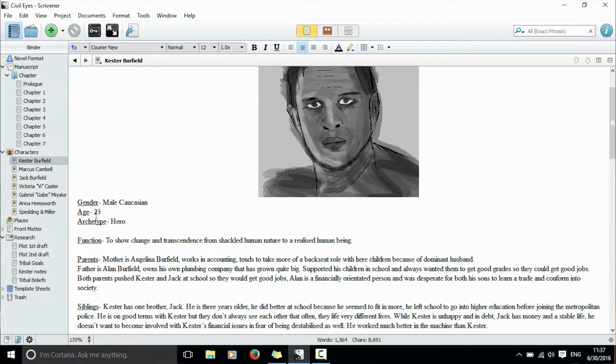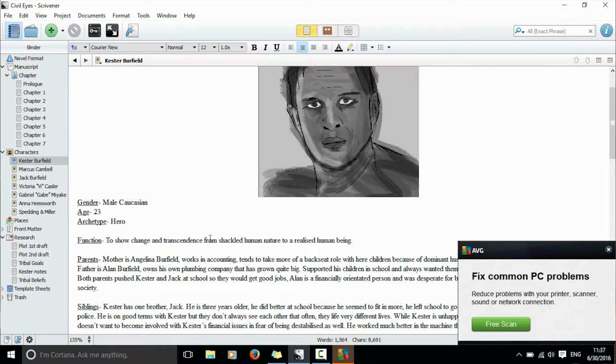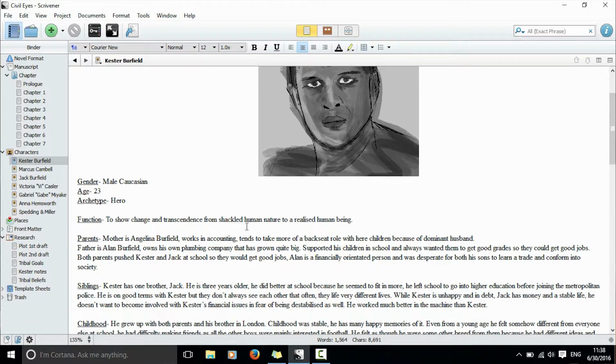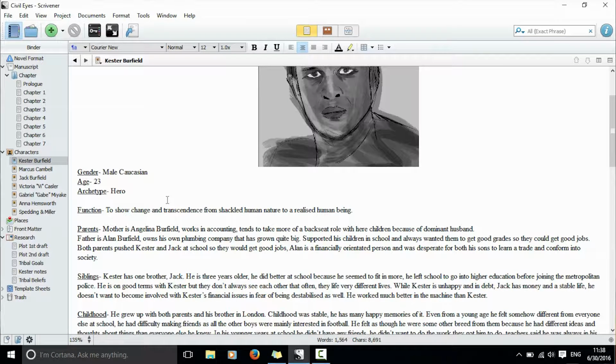Which is something I like to put in more for myself, because it helps to paint what kind of character this is. And the next part, function. This is something that helps you stop, as a writer, sometimes putting in a lot of pointless characters where you think, why is this character here?